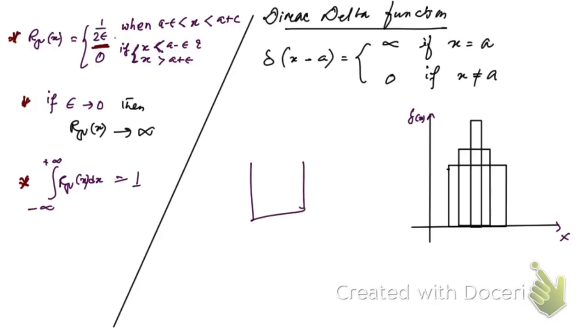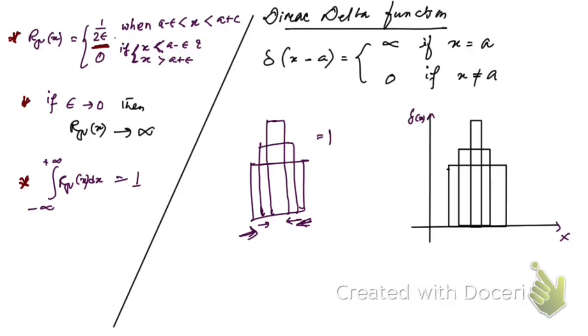If you reduce its width, but you don't want to reduce the area, then the height must be increased so that the area remains the same. Similarly, if you want to reduce more, then its height is gonna increase again so that the area remains the same, that is equal to 1 in case of the Dirac delta function.